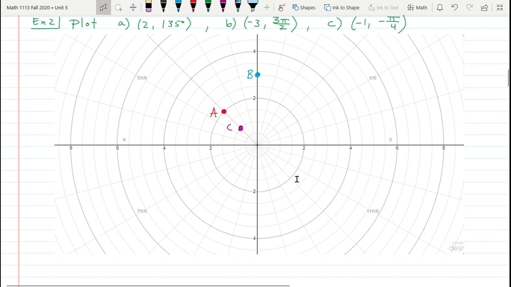And then if I do the plus pi, which is 180 degrees, and then a multiple of the rotation, I can go around the circle as many times as I want, and then land on the same point. It doesn't make a difference, because the final point lands on the same place as perhaps the original 2, 135 degrees, right? And I can name all those different starting points as different things, but they end up in the same spot.